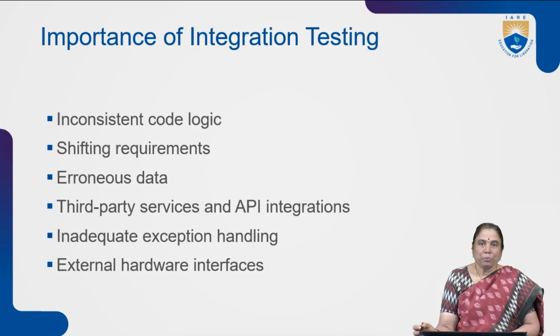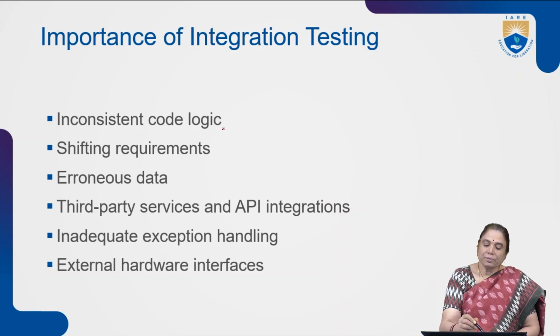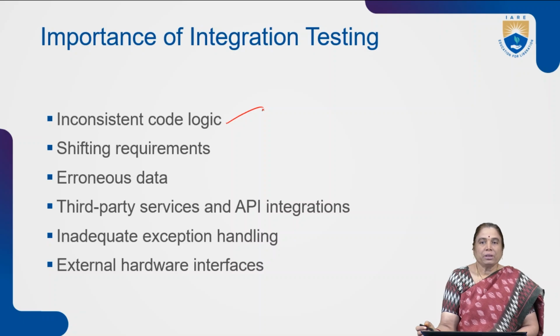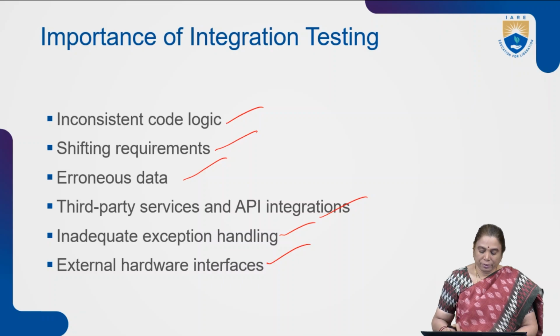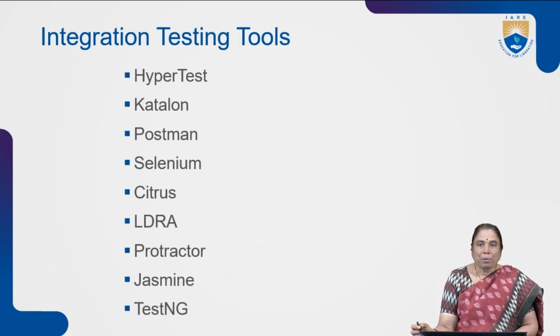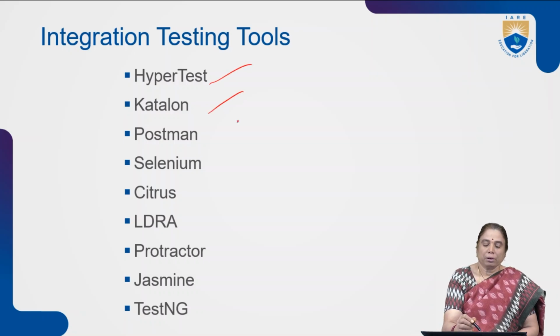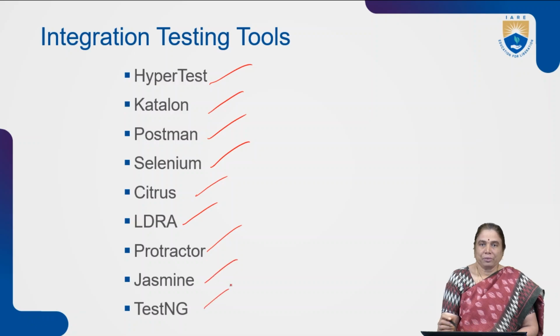Errors in inconsistent code logic and shifting requirements, enormous data, third-party service and API integrations, inadequate exception handling, and external hardware interfaces are easily detected with the help of integration testing. Popular integration testing tools are Hypertest, Katalon, Postman, Selenium, Citrus, LDRA, Protractor, Jasmine, TestNG.